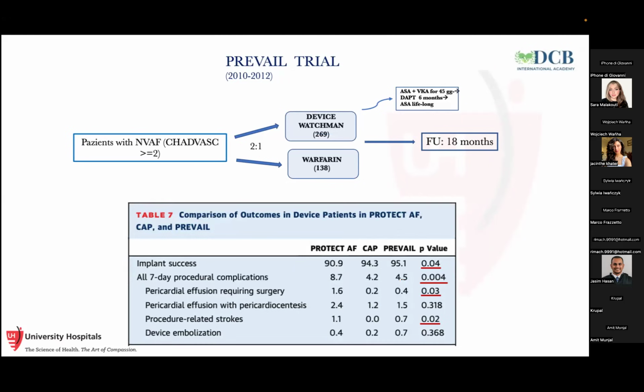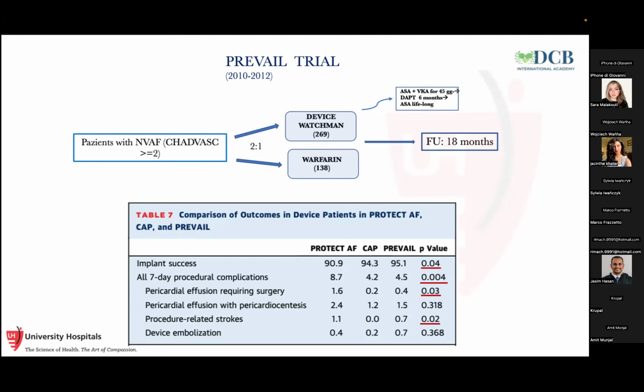And as you can see from the results, comparing the PROTECT-AF, the PREVAIL, and the CAP, that is a big multi-center post-marketing registry, the number of 7-day procedural complications reduced dramatically from 9% to 4.5% from PROTECT to PREVAIL.